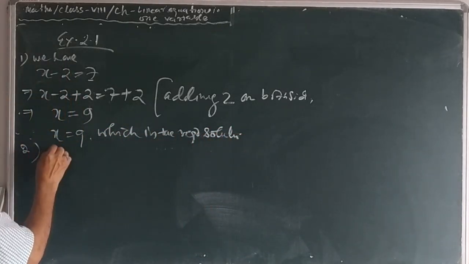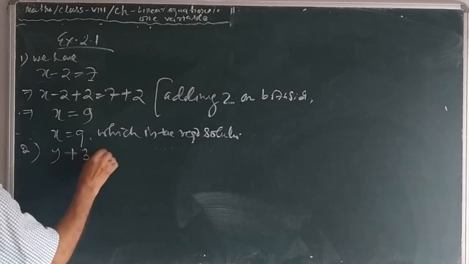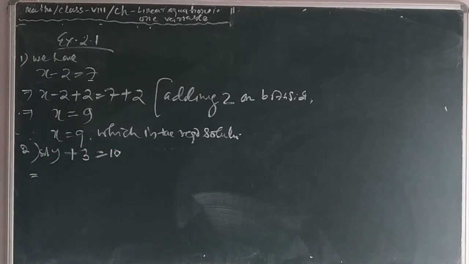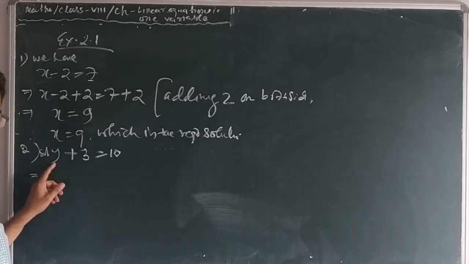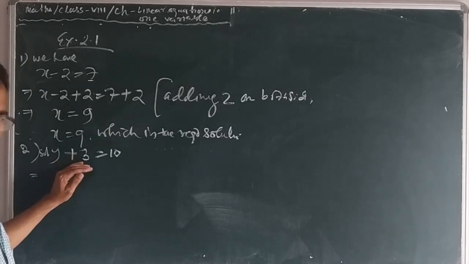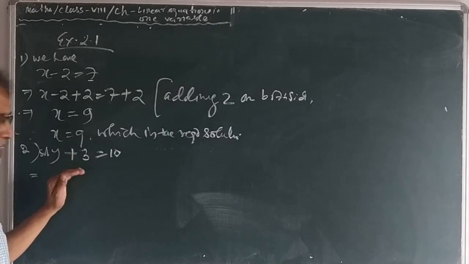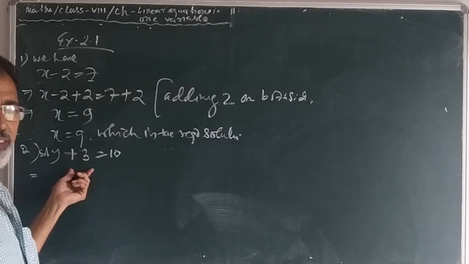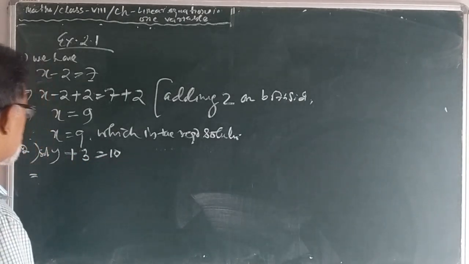Number 2, y plus 3 equal to 10. Here we have to find the value of y, and therefore we will remove this 3 from LHS, and to remove this 3 we will have to subtract 3 from both sides.